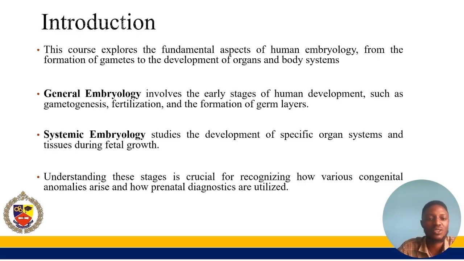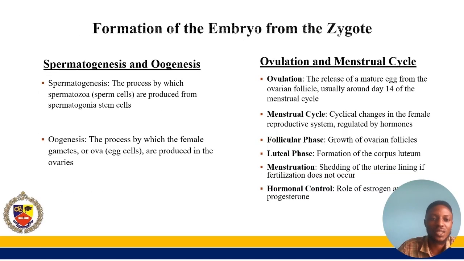General embryology involves the early stages of human development, such as how the egg and the sperm meet, how fertilization occurs, and how this forms what we call the zygote, and from the zygote how this develops into a full-grown baby or into full-grown organs and body systems. Understanding these stages is important for recognizing how various congenital anomalies arise and how prenatal diagnostics are utilized.